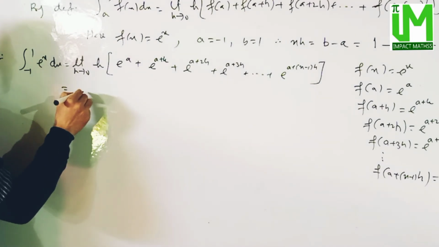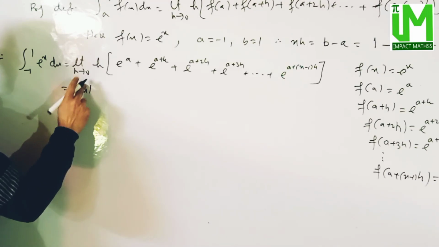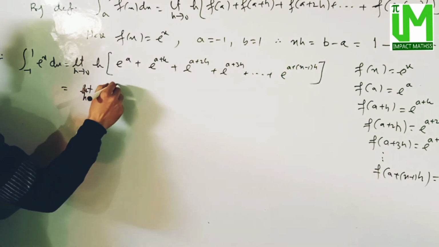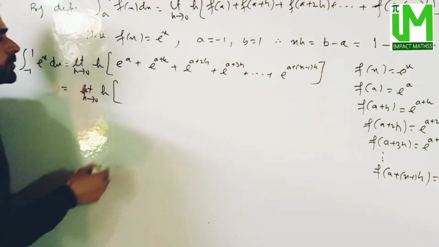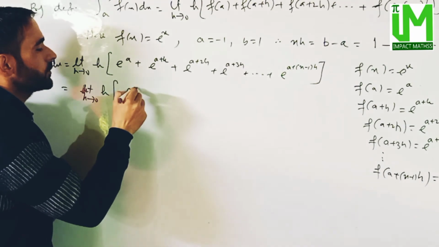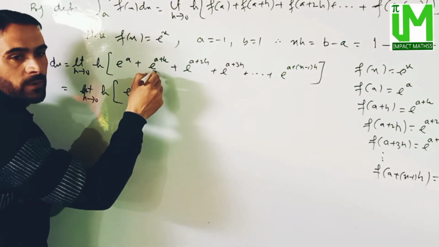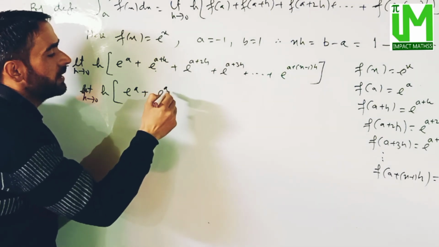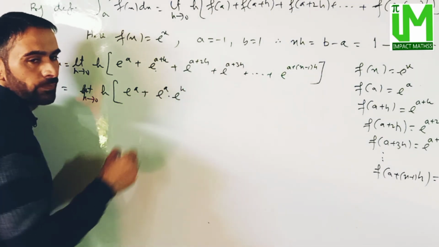So this will be equal to limit h tends to 0, h times, so e raised to power a plus h, e raised to power a plus h को split करिए थे, e raised to power a into e raised to power h. ठीक है.